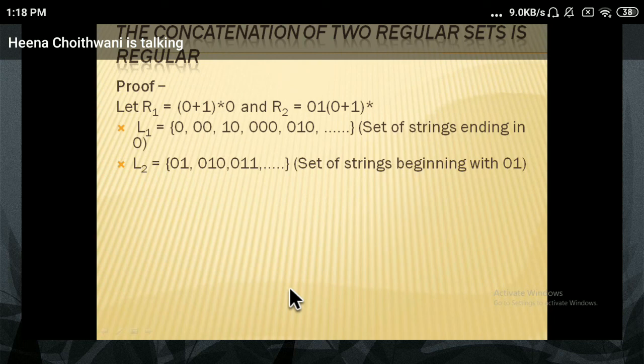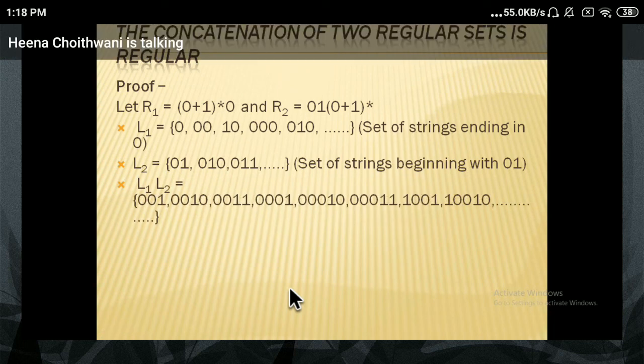Please check. So L1, after concatenating with L2, I'm concatenating each and every string with each and every string of L2. I'm taking one string of L1, I'm concatenating it with all the strings of L2. Then I'm taking the second string and concatenating with all the strings of L2. After identifying the pattern, you will recognize that all these strings are having substring 0 0 1 in it.